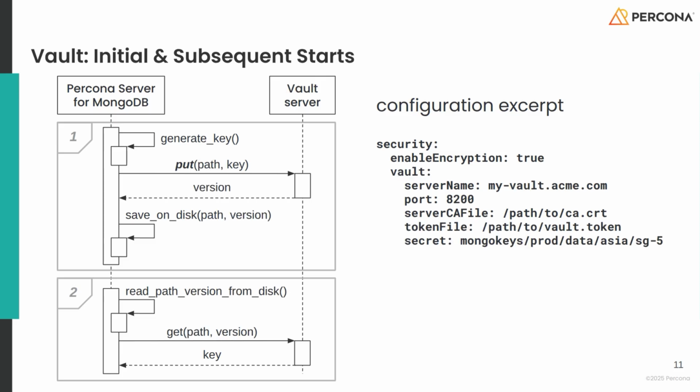Configuring Percona server for MongoDB to work with Vault is not difficult either. Basically, we specify the server's endpoint in the same way, and specifying authentication options is slightly different. But the most significant difference is that key identifier on Vault is compound and consists of two parts, as we saw a bit earlier.